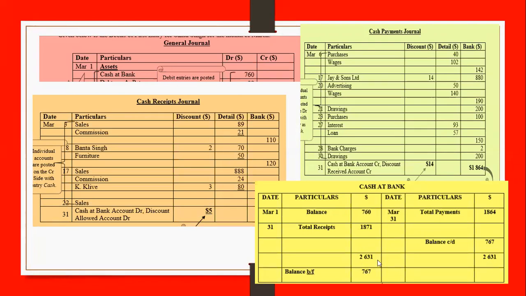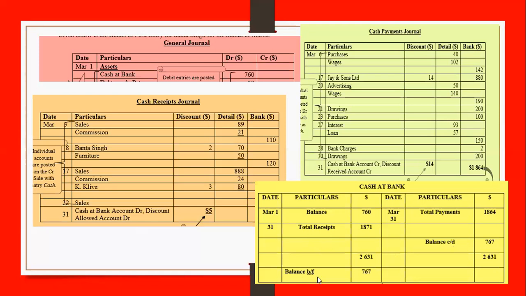Now, the side of the ledger that has the greater total, debit side, I am going to tag that side as balance brought forward. Since the credit side is lesser, I am going to tag it balance carried down.